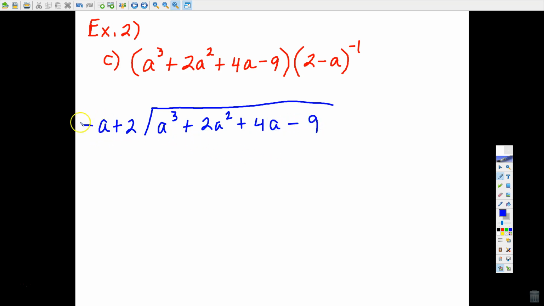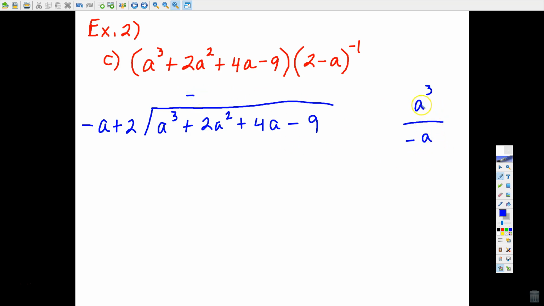And once again, we divide negative a, our first term, into the first term. And a to the third, so here's literally what we're doing, a to the third divided by negative a. Well, when you divide a positive by a negative, it's got to be a negative result. Okay, we know we're going to have a negative result here.